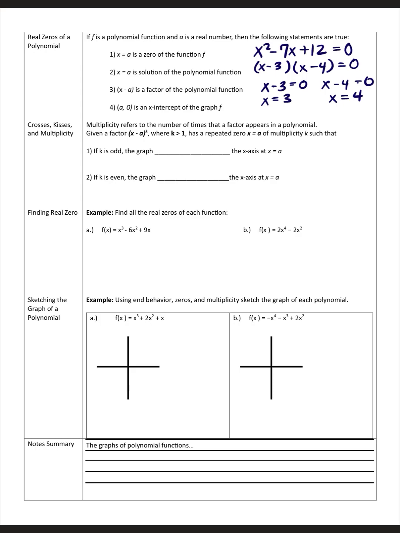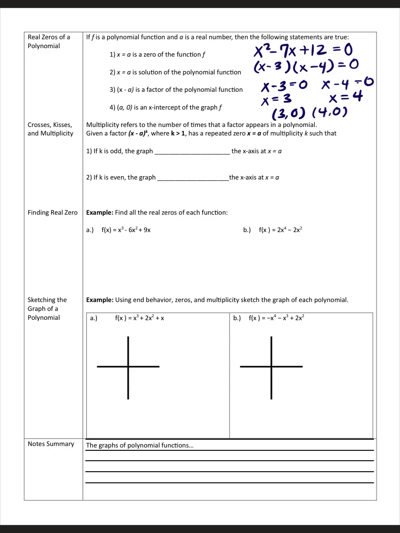And then that means that I would have two x-intercepts, at 3, 0, and 4, 0. All right. And if I were to plug this into a graphing calculator or Desmos, then I should be able to see all of this. I can see that my x-intercepts are at 3, 0, and 4, 0. I can see the solutions of the polynomial function.